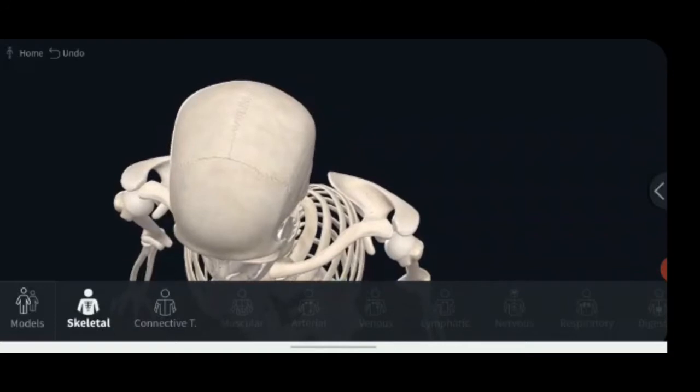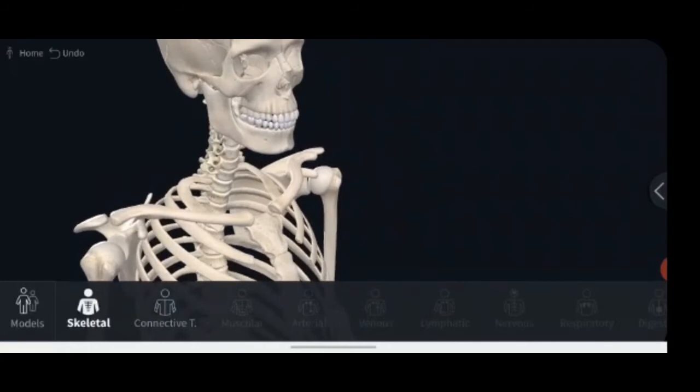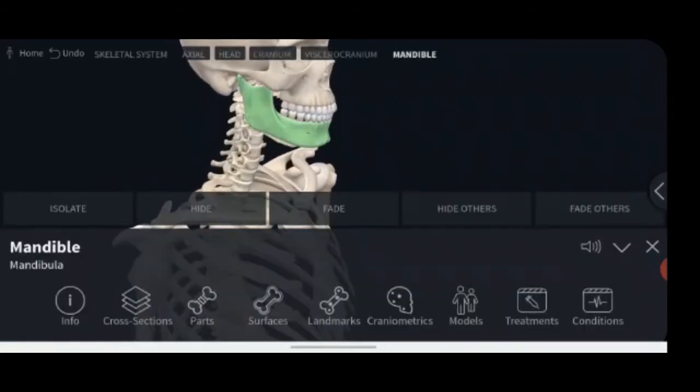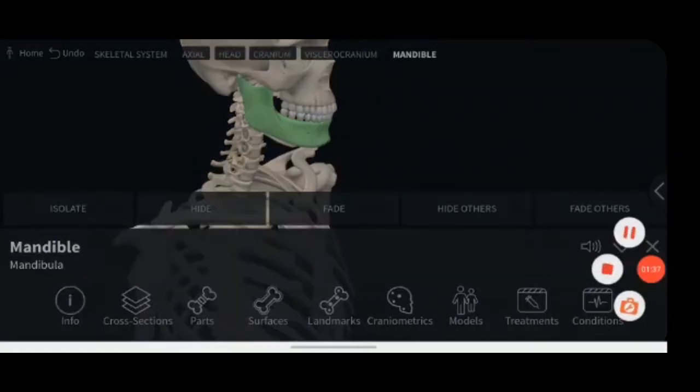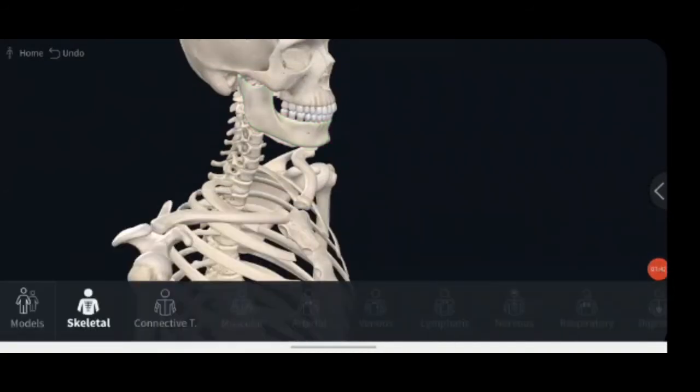Sutures and synchondroses are immovable. The only movable bone in the skull is the mandible, or the lower jawbone, which articulates with the temporal bones.